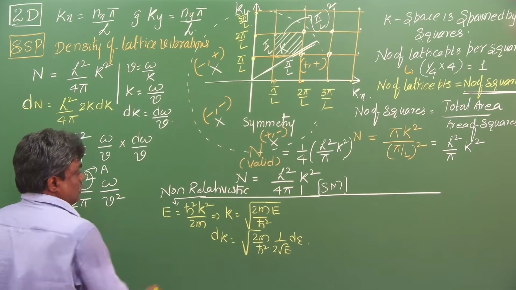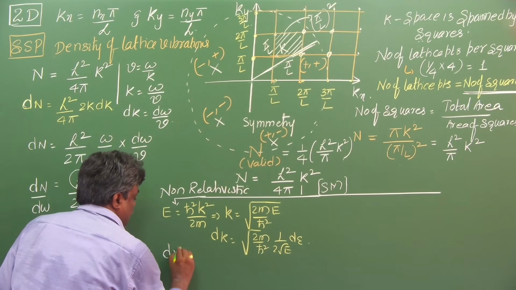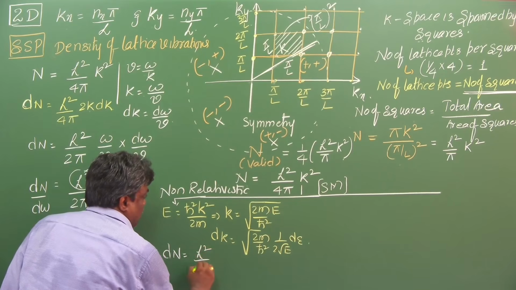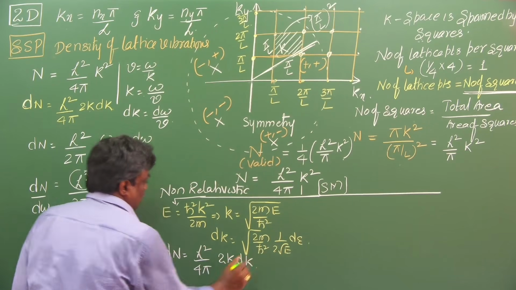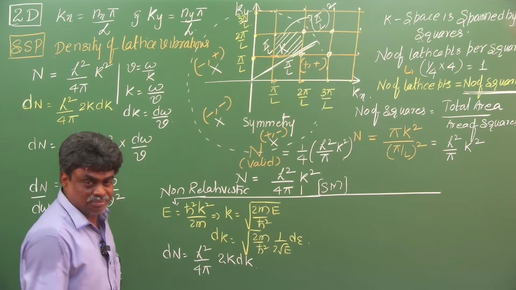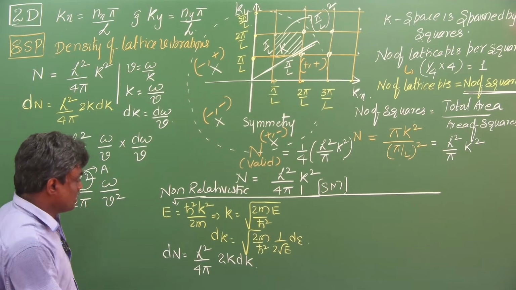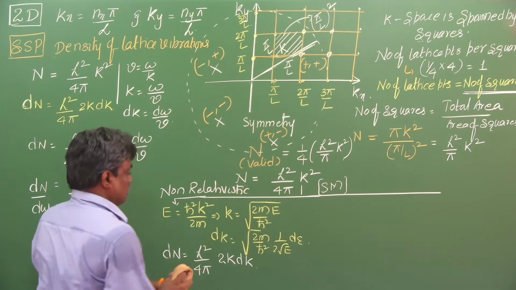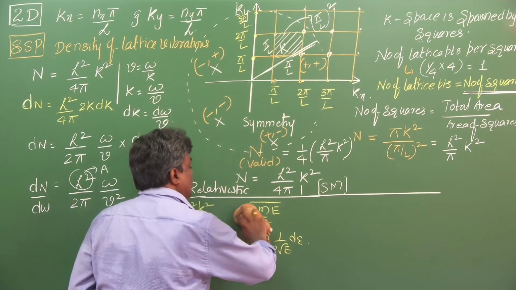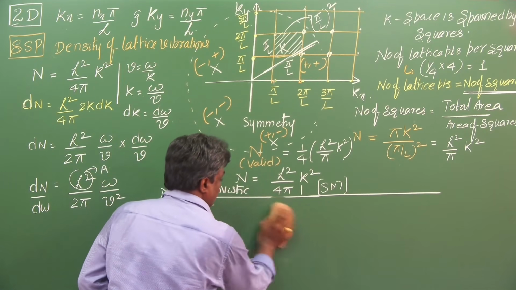Now take dn equal to L square by 4 pi 2k dk. We want 2k dk, right? We can do it easily here because it is k square.